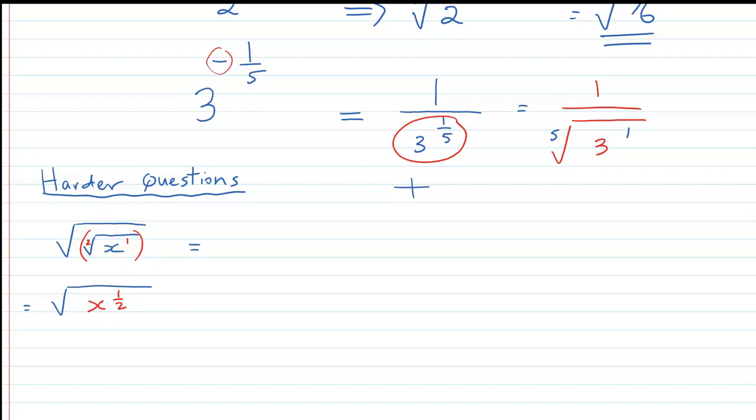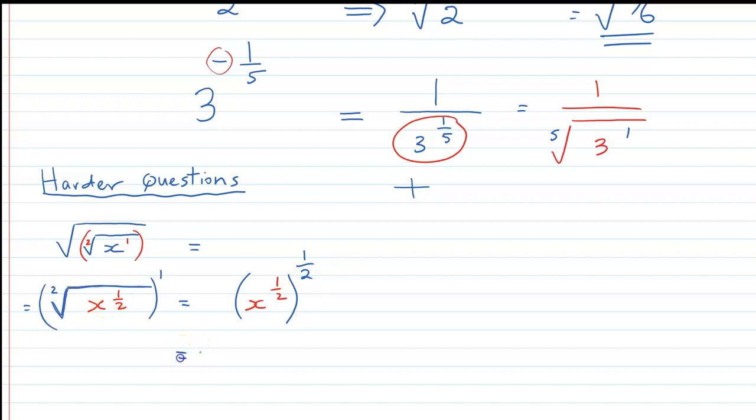Now we'll go ahead and change the outside. So x to the half is there, and now that square root is changing to 1 on top and 2 in the denominator, so that 1 over 2 is actually the big square root of x to the half.